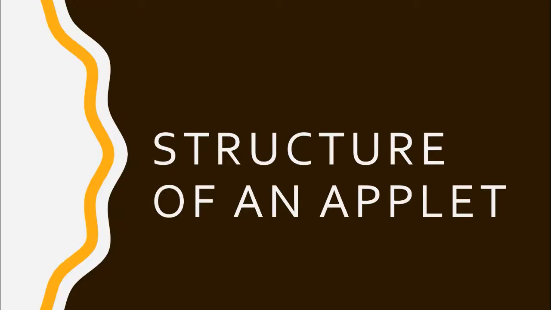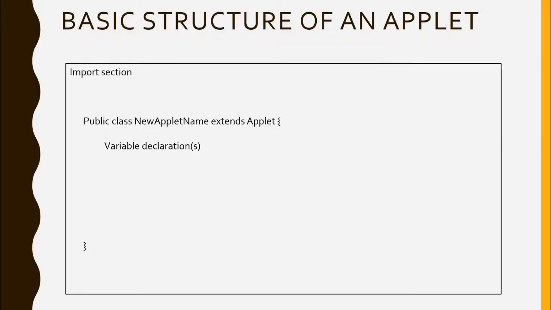Okay. Now let's understand the structure of an applet. So here is the import section, which I already showed you. Import the packages that are necessary for extending an applet, and also graphics. These two are very important. The rest are different flavors of applets, like text, button, view, radio button.